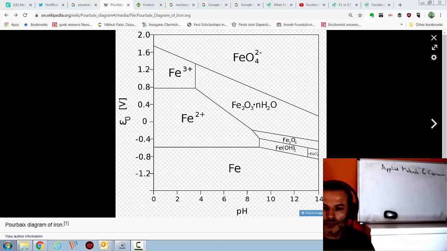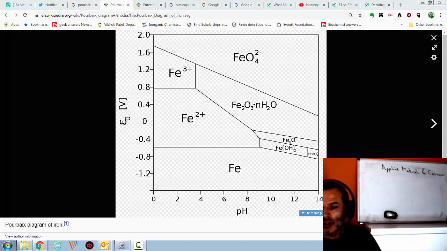Our iron will fully turn into one of these solid products, so either iron oxide with water, Fe2O3 with water, or Fe3O4, or iron hydroxide. But it will turn fully into those products over time because we're looking at a thermodynamic diagram. Obviously, if we have a more positive potential than that, we will make this negative ion up at the top. What does it mean for kinetics, however?